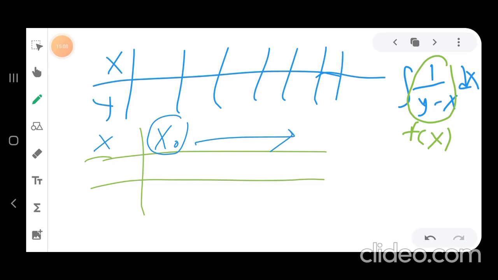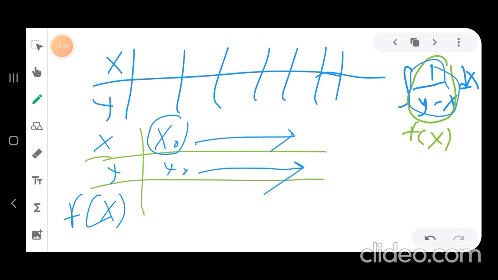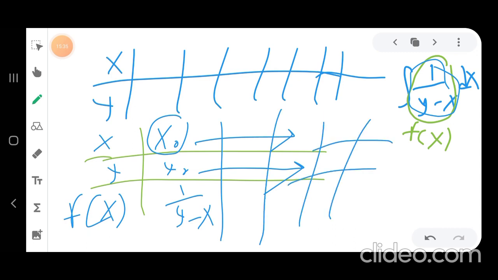Then we have these values of y, starting from y naught till the end. Then we just find f of x, as simple as this. F of x will be 1 over y minus x. You find 1 over y minus x for all values. Then you do numerical integration.